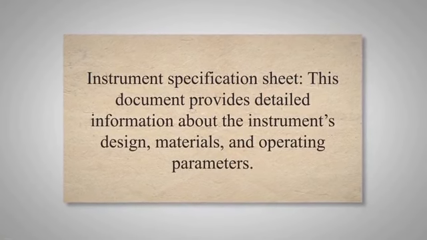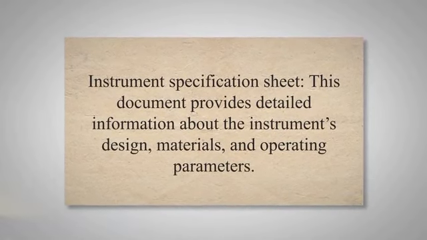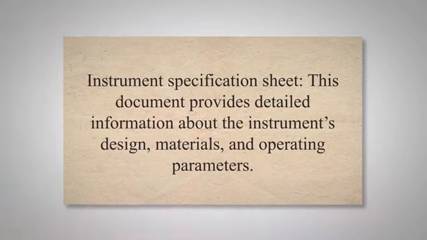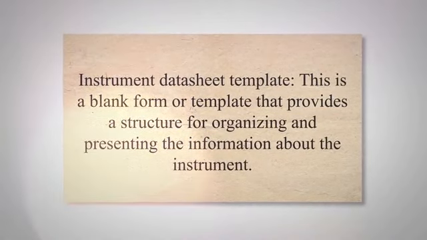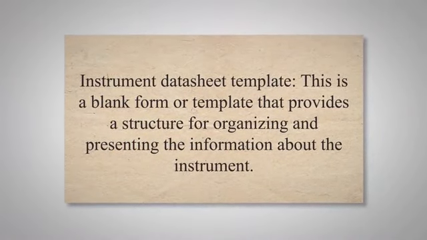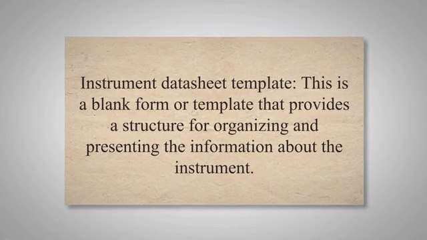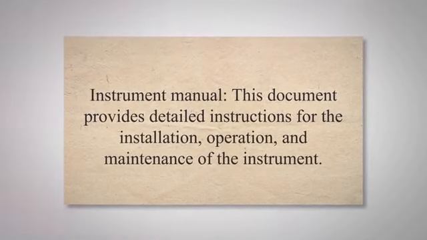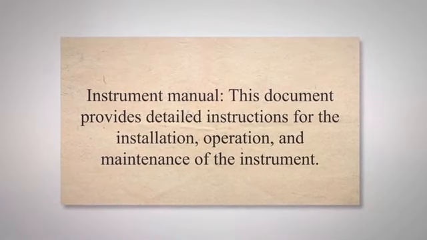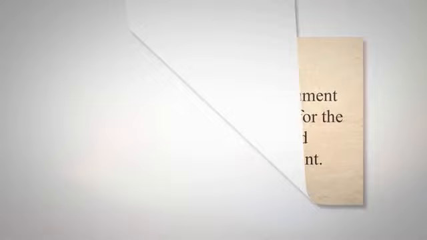This document provides detailed information about the instrument's design, materials, and operating parameters. Instrument Datasheet Template. This is a blank form or template that provides a structure for organizing and presenting the information about the instrument. Instrument Manual. This document provides detailed instructions for the installation, operation, and maintenance of the instrument.